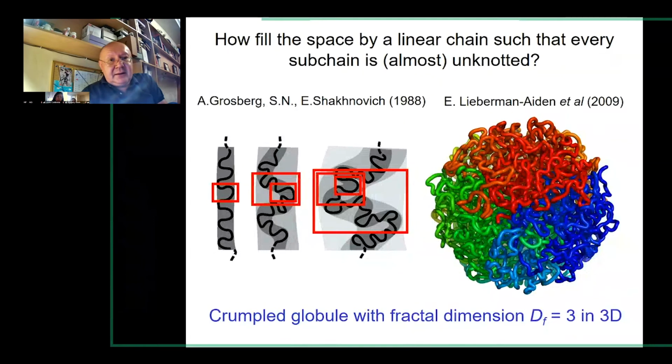From a biological point of view, this structure is known under the names of crumpled or fractal globule, and it has very important applications for DNA, because using this structure it is possible to answer the question. Again, I simplified the situation, but that's the idea. How can one read the information from DNA, knowing that it's very dense and encapsulated in a very small domain?